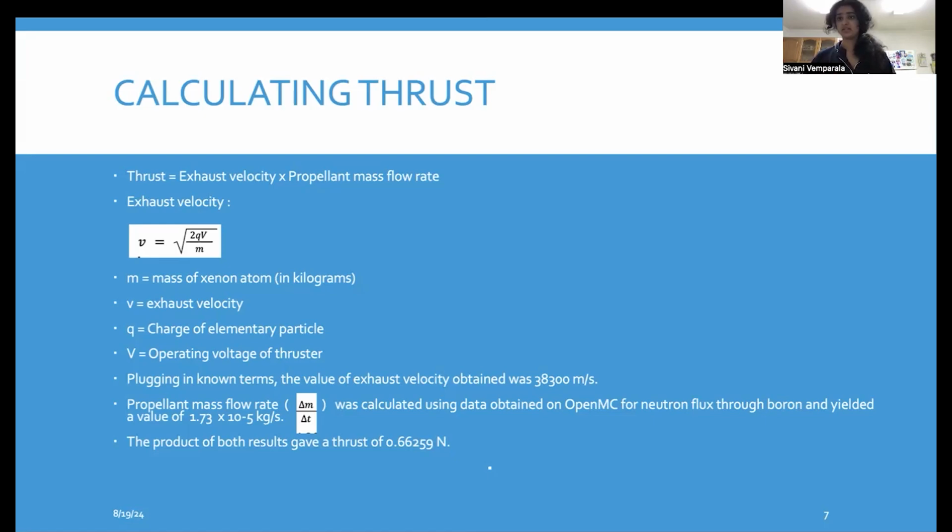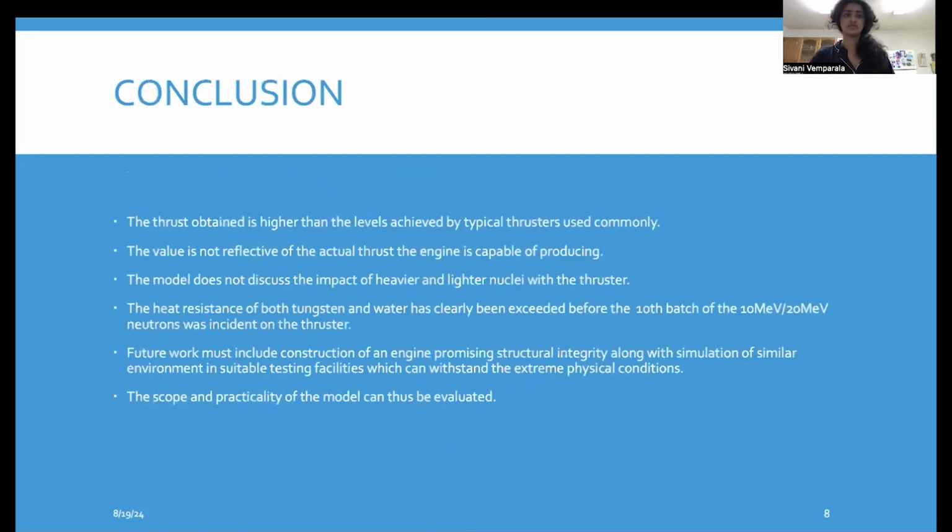Now let's see what the meaning of this data is in my conclusion. The thrust obtained is actually higher than most thruster designs are able to achieve nowadays. Common thrusters have a typical operating range of 25 millinewton to 50 millinewton. But one thing to note here is that this is not the actual thrust generated by the model.